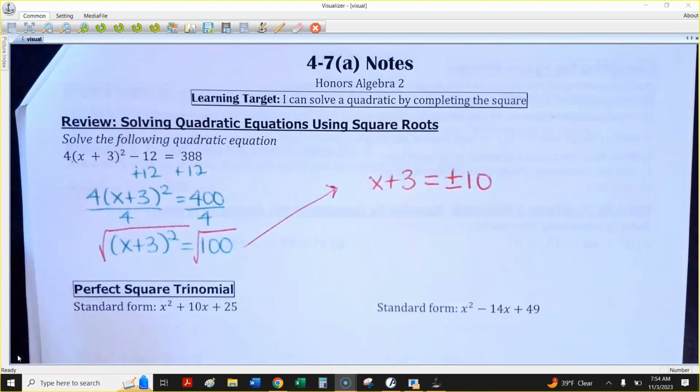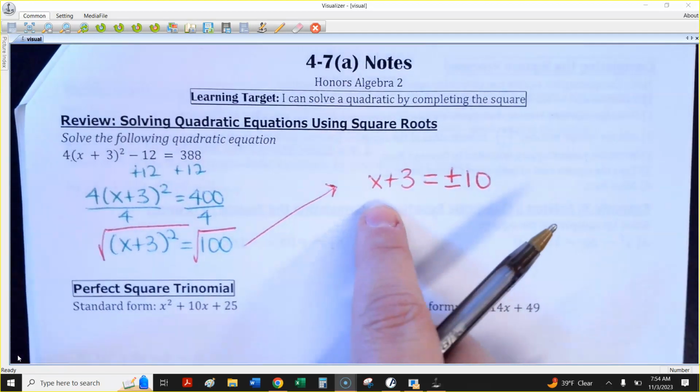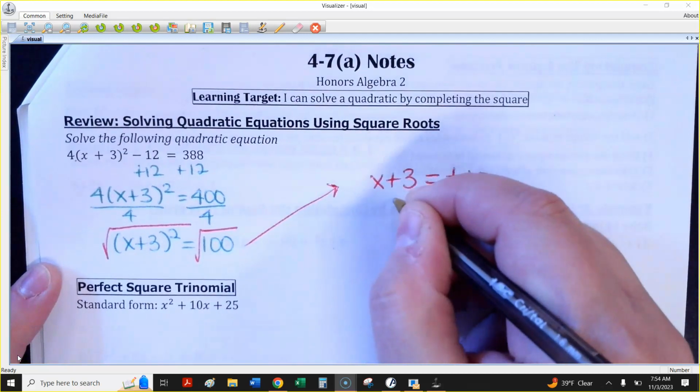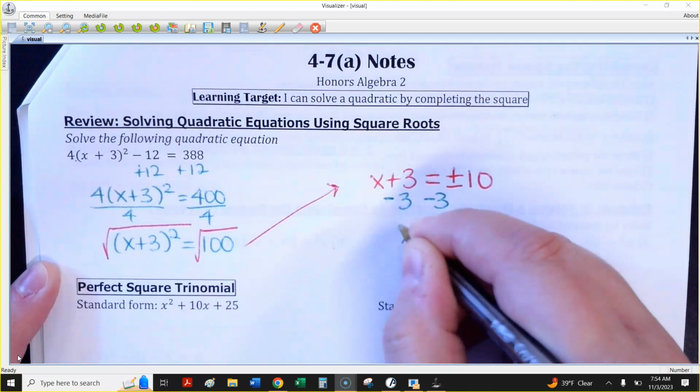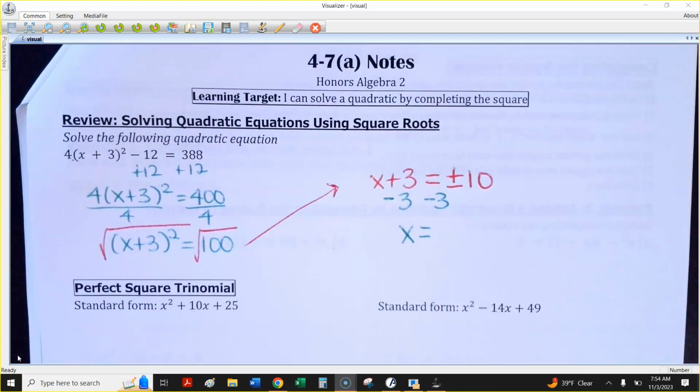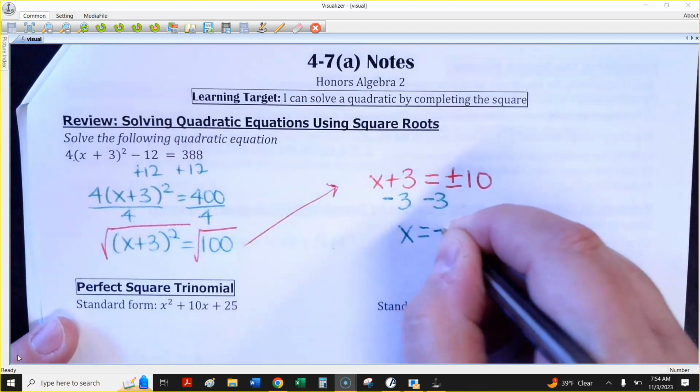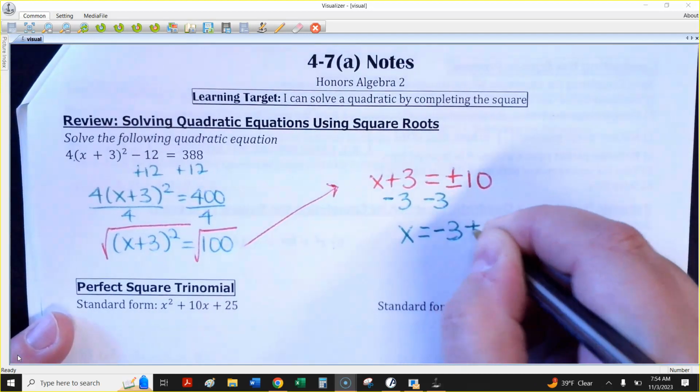Now, the weird part of this, I don't have x by itself, so I have to do a little step to move the 3 away from it. Now, my best advice to you, whatever that is, in this case, I'm subtracting 3. Just write that number immediately after the equal sign, and then you add plus minus 10.